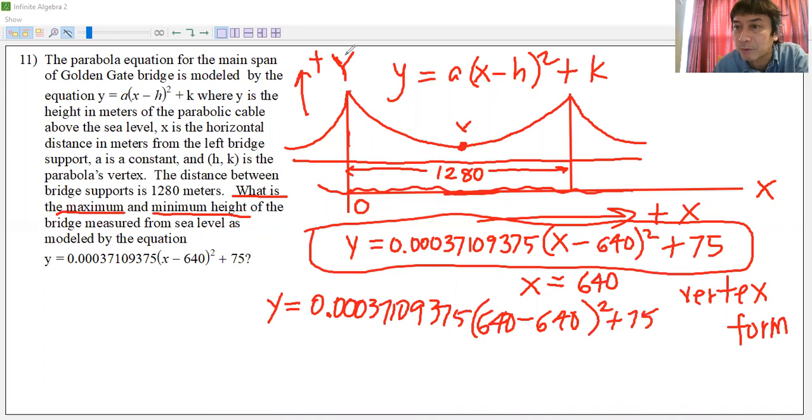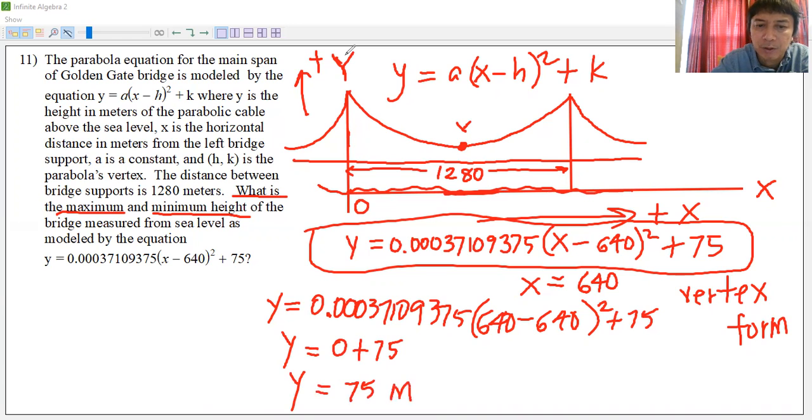That will compute to 640 minus 640 is 0. So you're going to have y is equal to 0 plus 75. And you have the minimum. So y is equal to 75 meters there. That's the minimum.